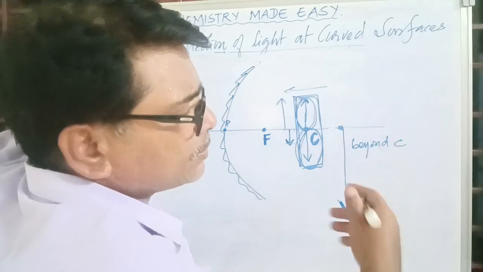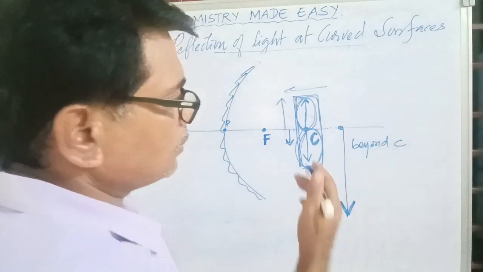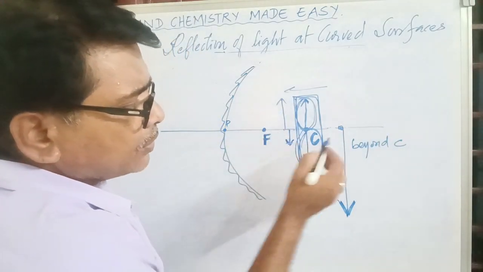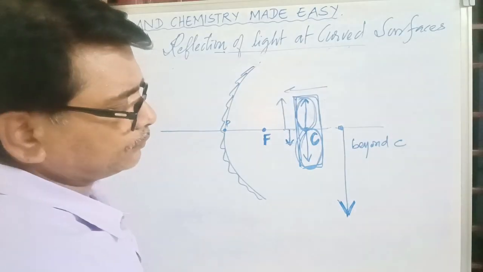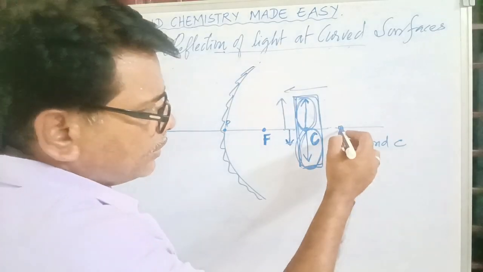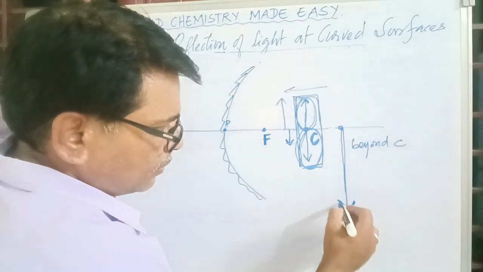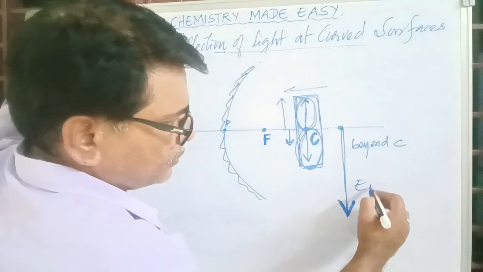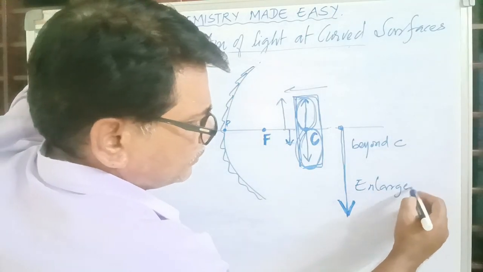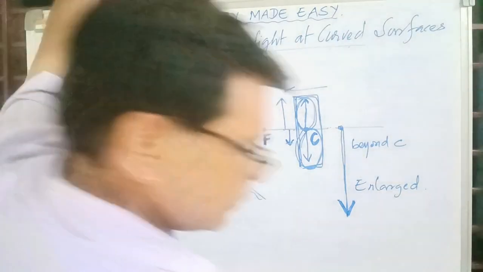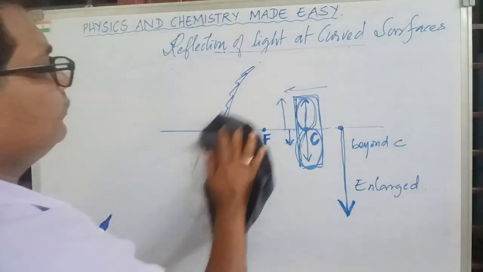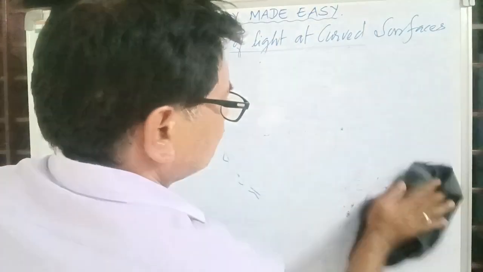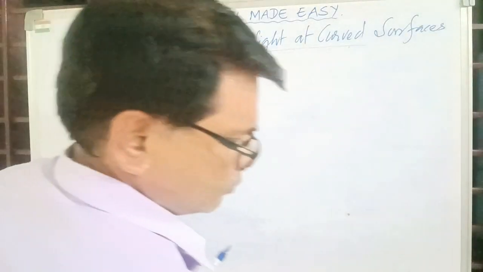If you draw on the top, it is beyond C for the object. So for this object position, this is your image position, right? And this is found to be very big. You'll get an enlarged image. We'll see all that enlarged image. Now it's over actually.